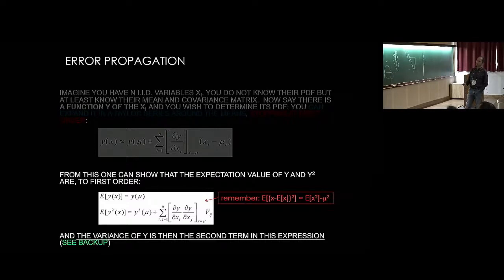The expectation value of a function of x is a function of the mean, and the expectation value of the square of the function of x is this more complicated expression. So you have a way of deriving the variance of a function of the x if you know the function and the variance of the x themselves.